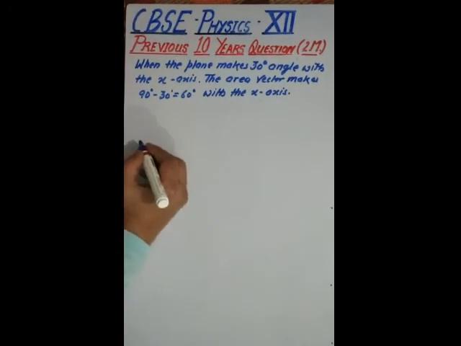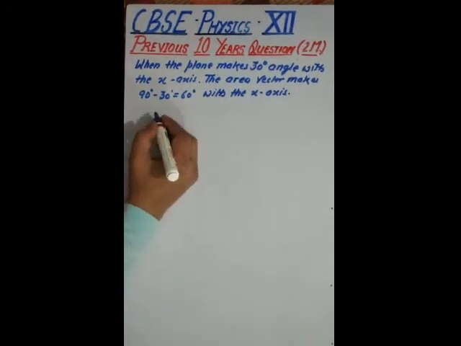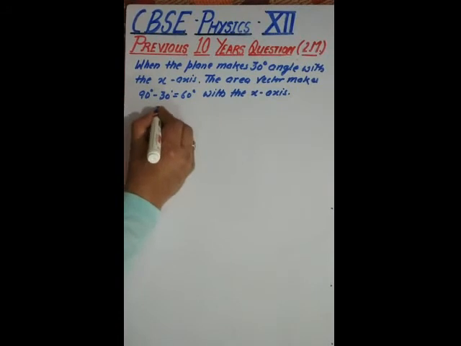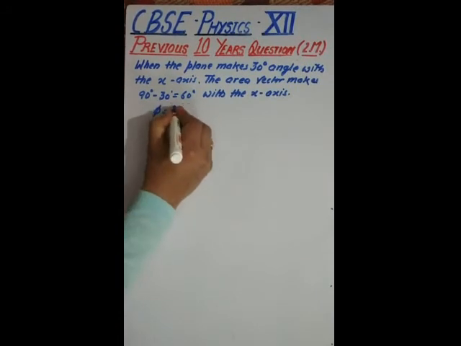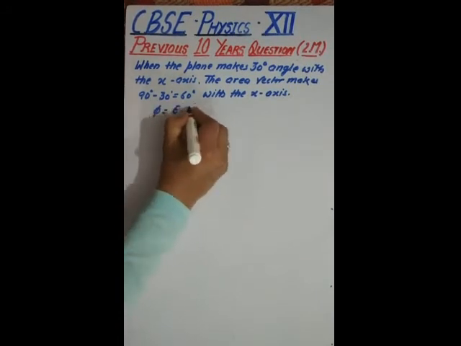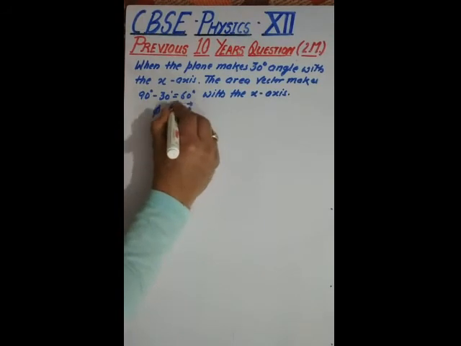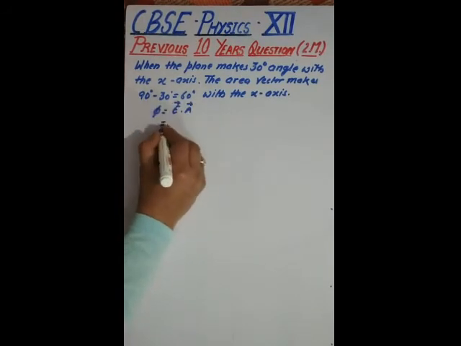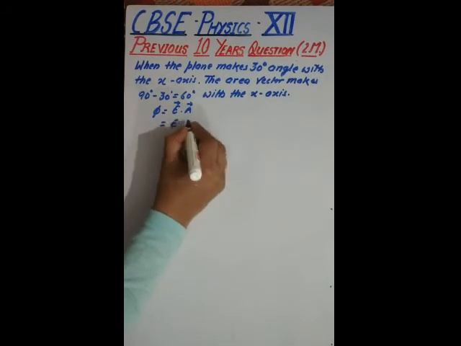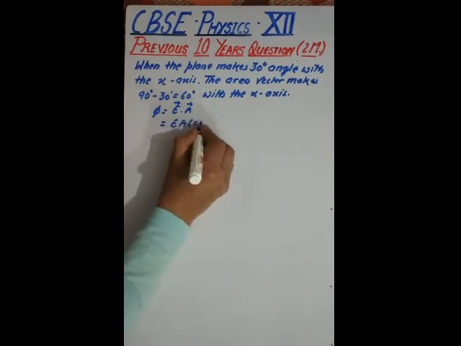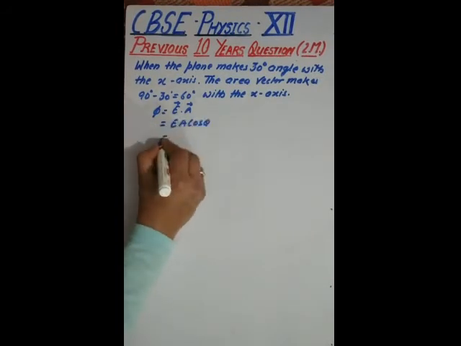So again we have to write about the flux. So flux phi equals E dot A vector, again EA cos theta. Here the value of theta will be 60 degree.